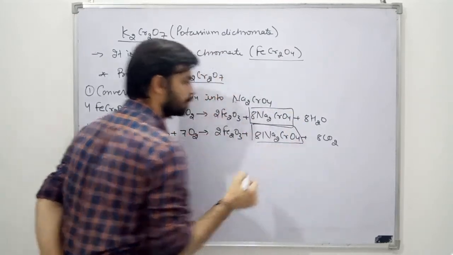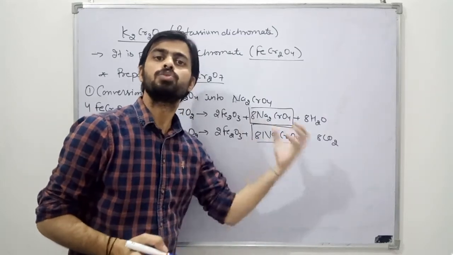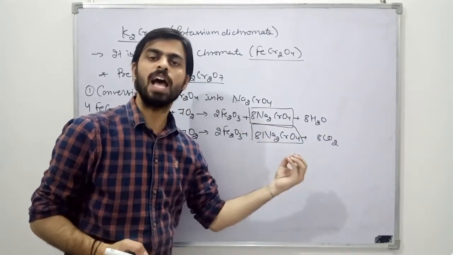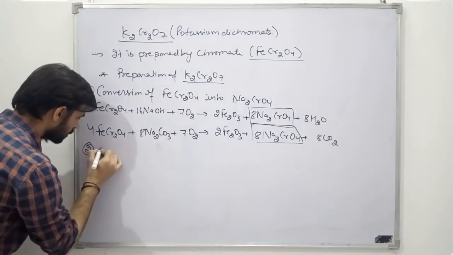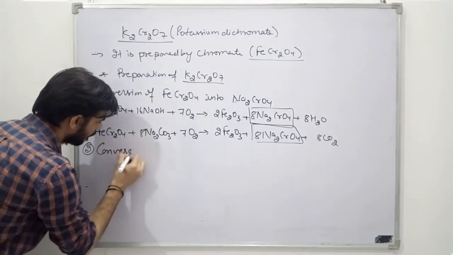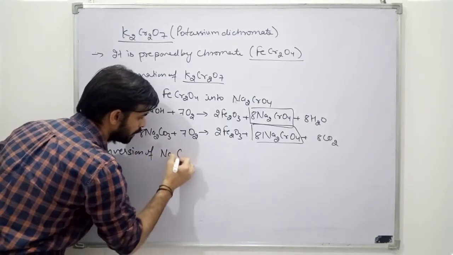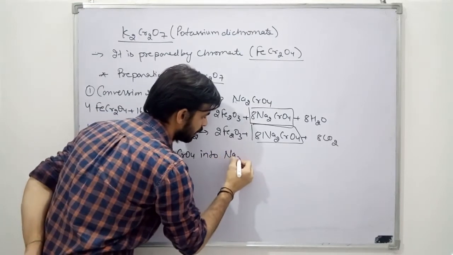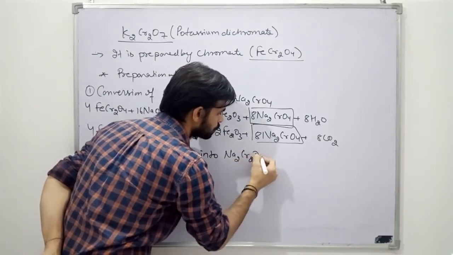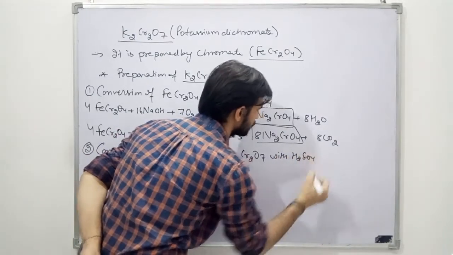In the second step, we have to convert sodium chromate into sodium dichromate with the help of sulfuric acid. So the next step is conversion of sodium chromate into sodium dichromate, Na2Cr2O7, with the help of sulfuric acid.